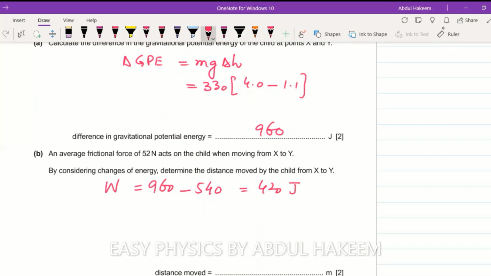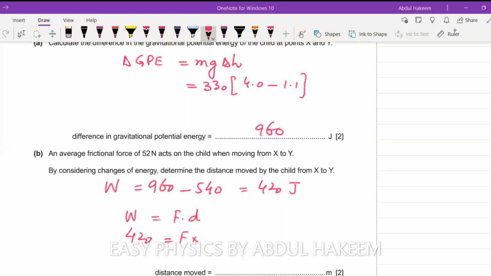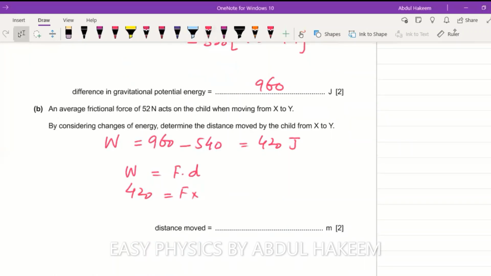Now, the work is equal to F times D, and the work done is 420. F is required, and the total distance covered is required, and the force of the friction is given.